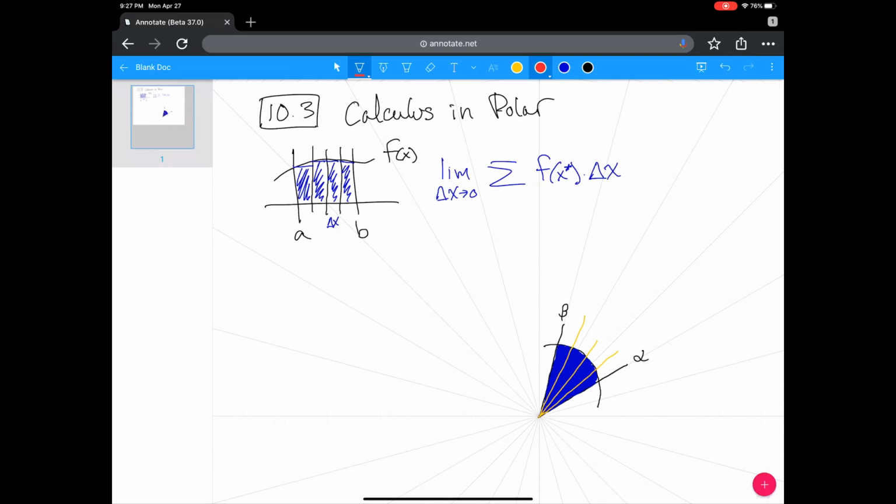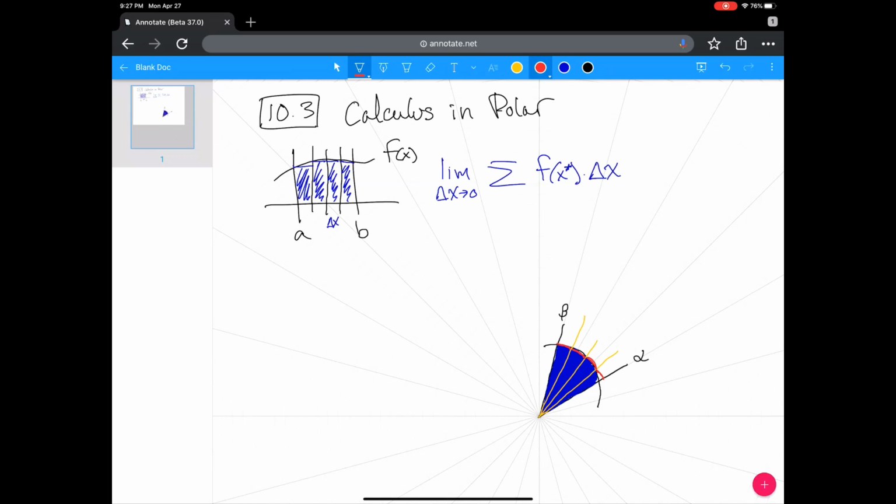If I hold that fixed for that first change in the variable, I get this. Then maybe in here I would choose this r value, and then in here this r value, and in here this r value. As I fix little r values in each of these subdivisions in the angle, I don't get a rectangle underneath them. I get what looks like a sector of a circle.